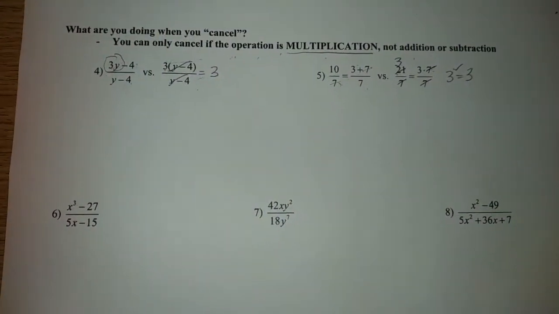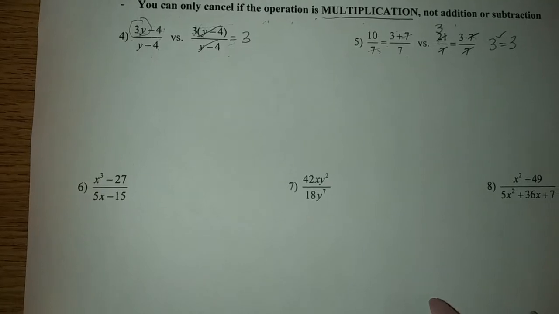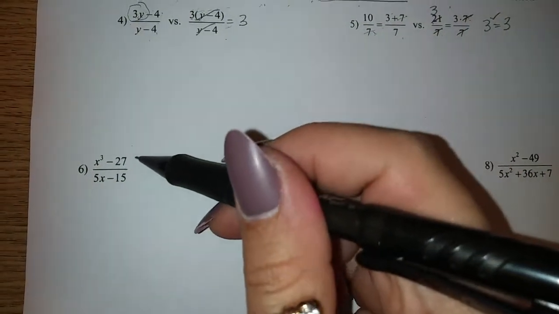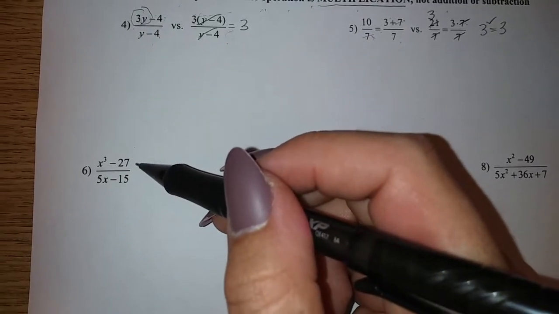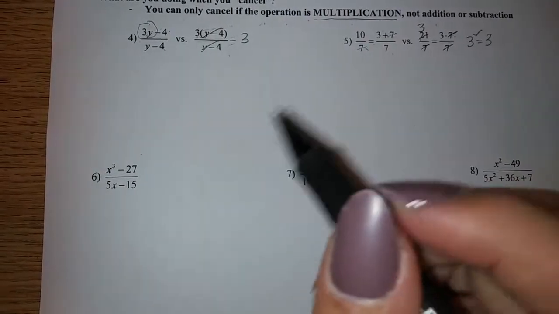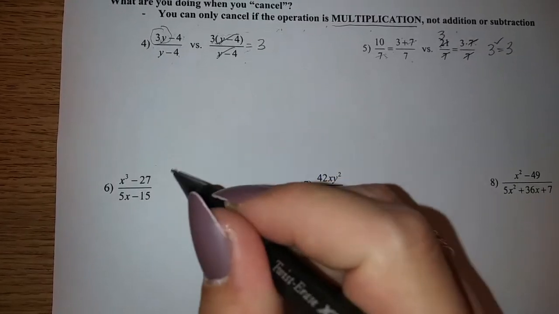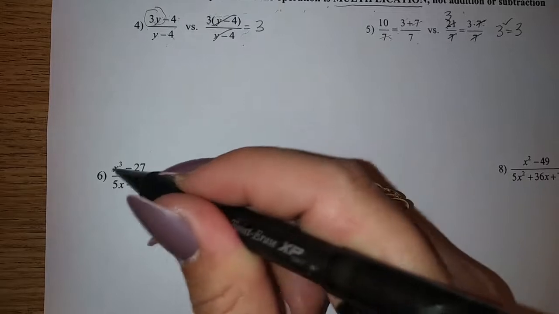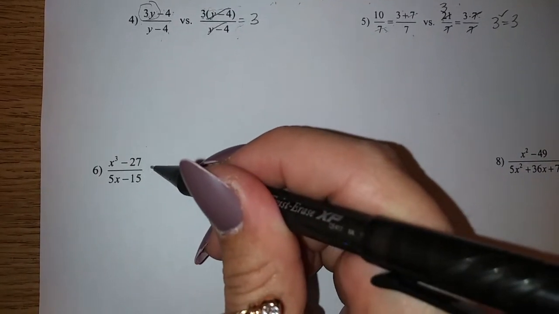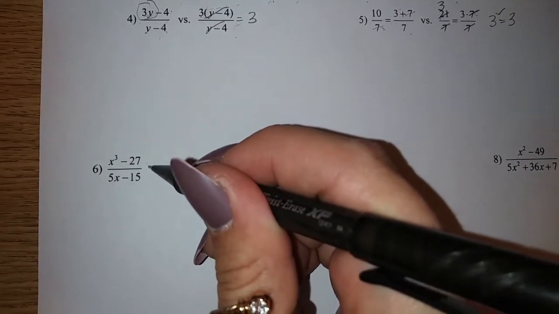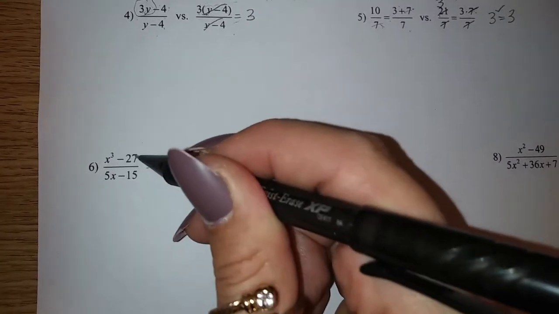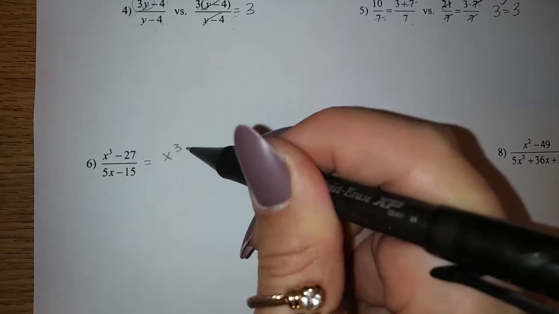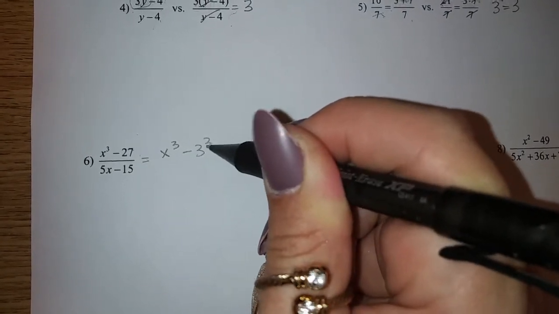Now let's put that into practice. So number 6, 7, and 8, these are our last 3 examples. In 6, we have x cubed minus 27. From Unit 2b, if you can remember all the way that far back, way back in December, we learned that when we have the difference of cubes, we need to write it as a difference of cubes. We know that 27 is a perfect cube. So we're going to rewrite this as x cubed minus 3 cubed.